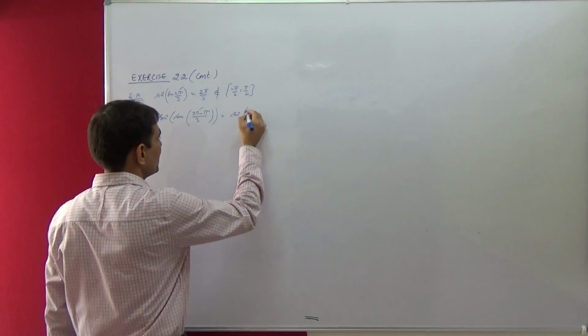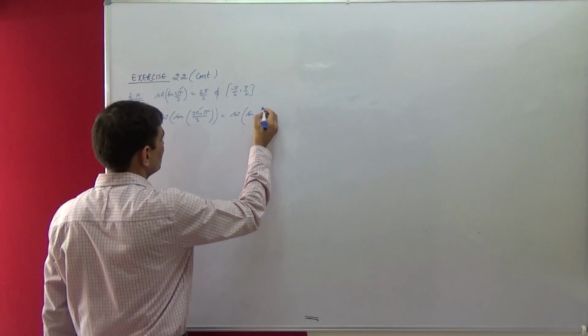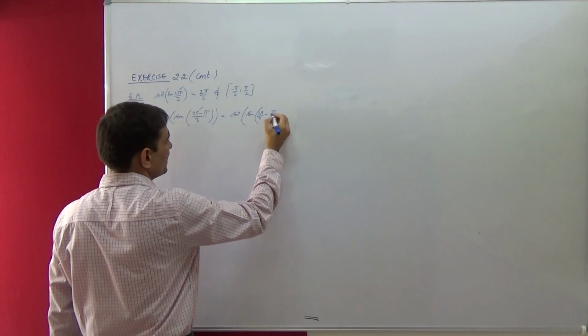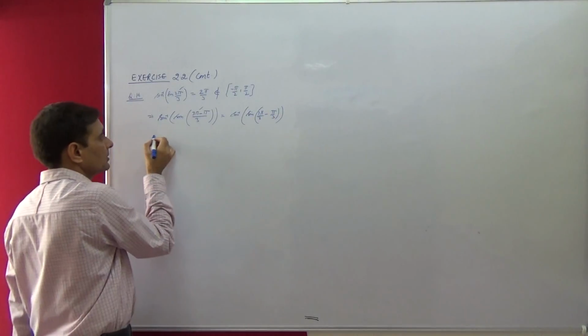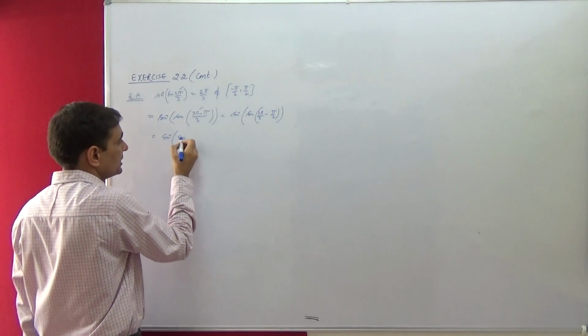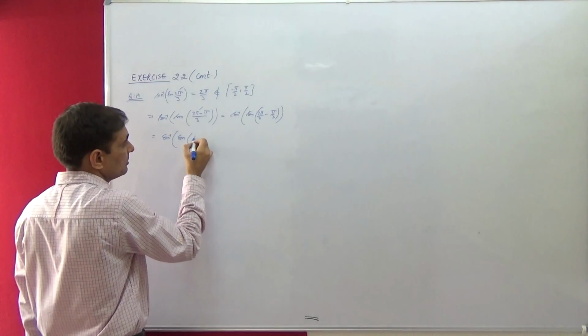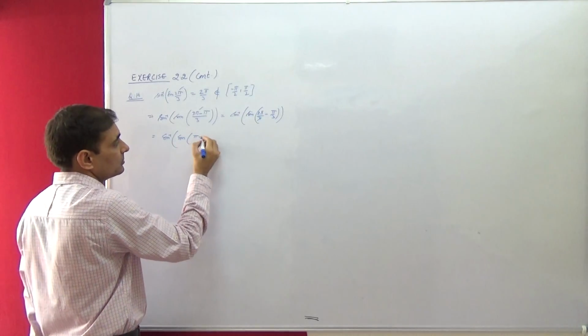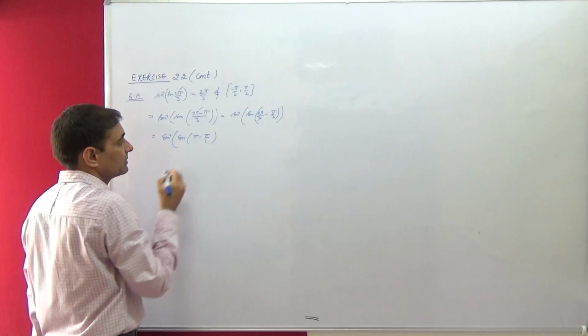So this is sine inverse of sine of pi minus pi by 3.